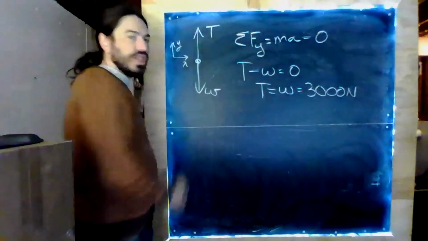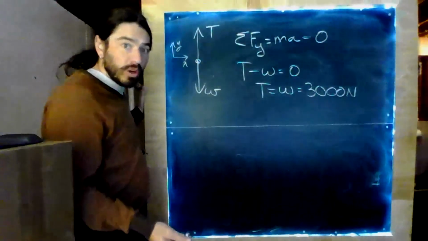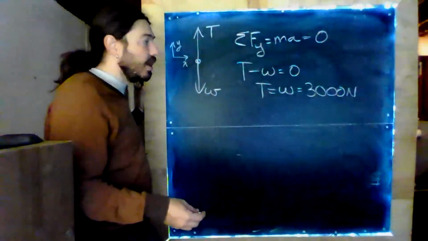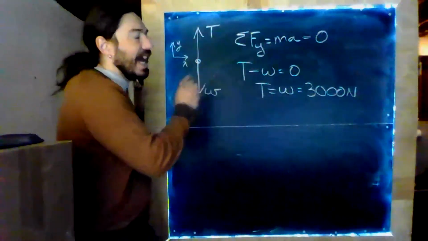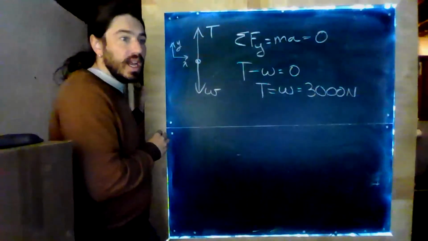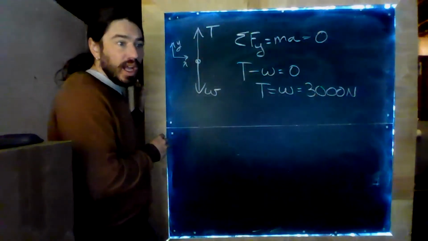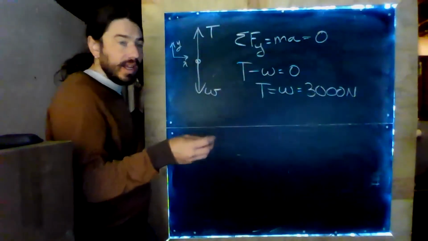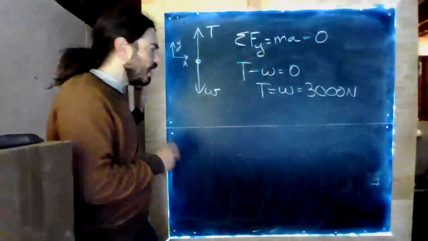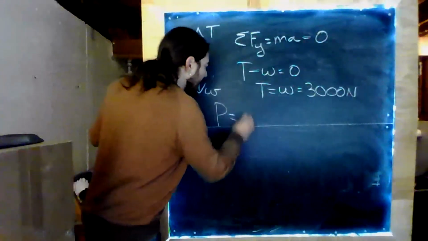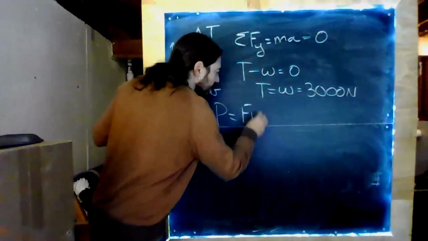Now, this tension is created by the motor, basically. If our motor quit working or slipped a gear, then we would have no tension. And so it is indeed the tension that the motor is supplying. And so if we wanted to think about the power here, we'd have force times velocity.